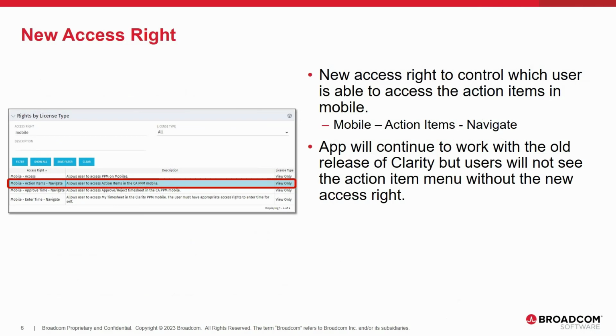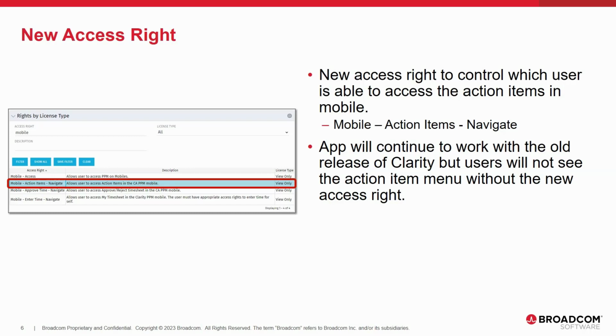Just like the other functionality that was introduced in the mobile app, this functionality will also have a new access right that will be available on the Clarity server. This access right will only be available starting Clarity 16.1.1, and this access right will allow the user to see a new menu action in the mobile app.